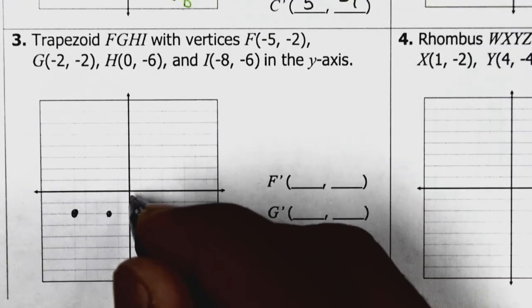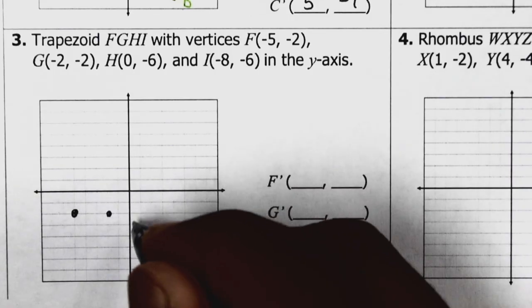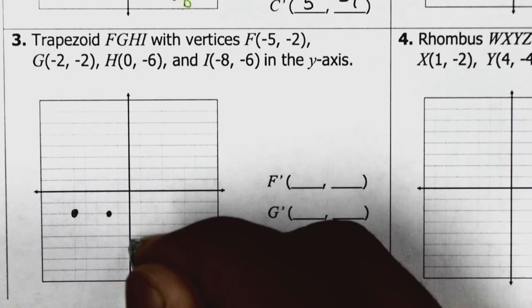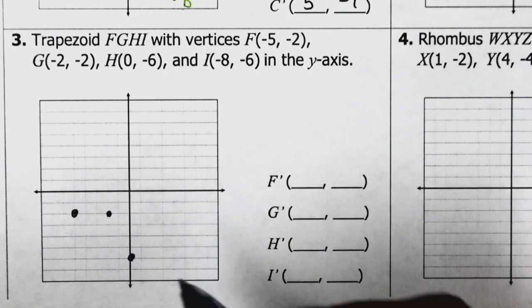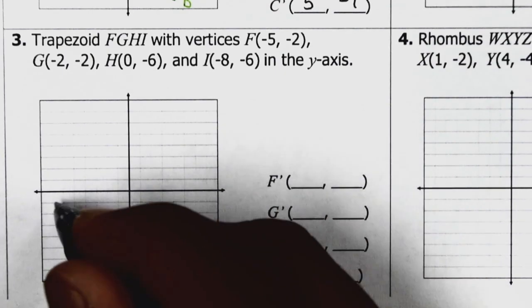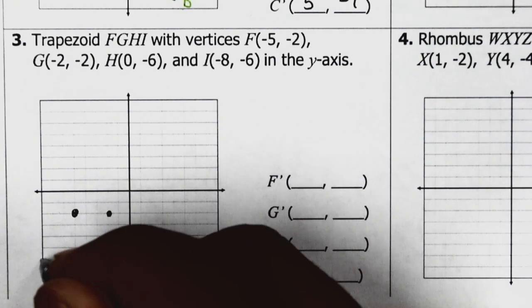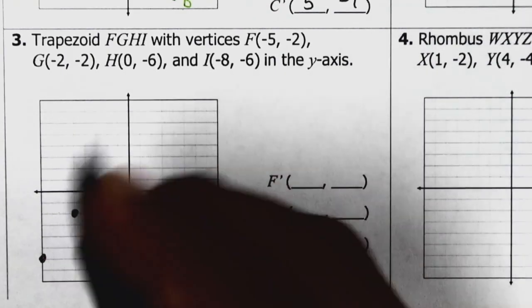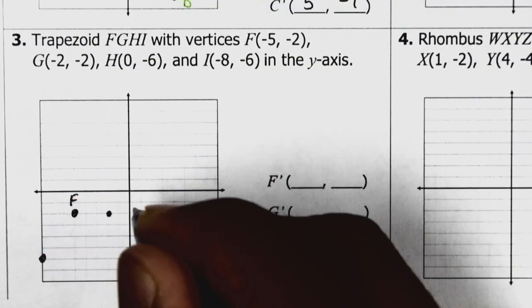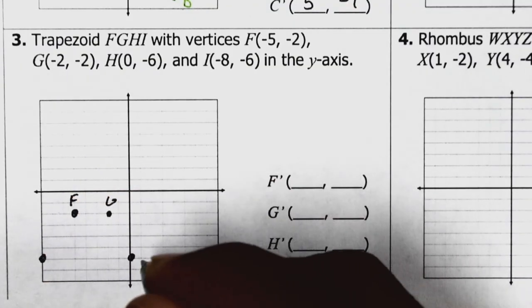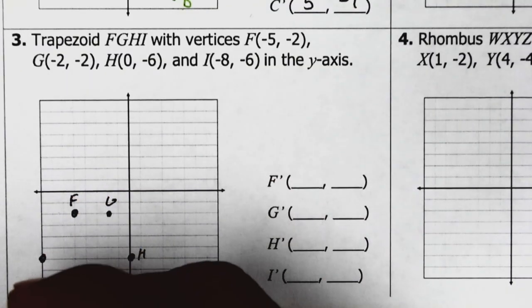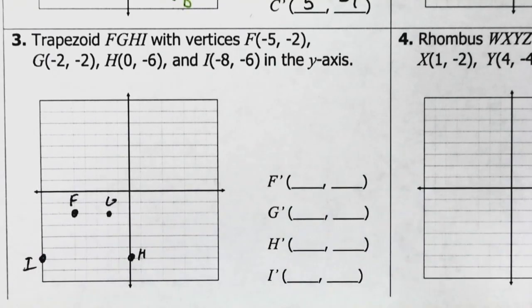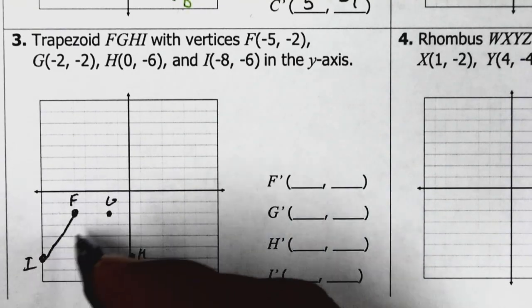H at 0, -6: 1, 2, 3, 4, 5, 6. And I at -8, -6. So here's F, here's G, here's H, and here's I. Let me draw the figure so you can see the trapezoid.